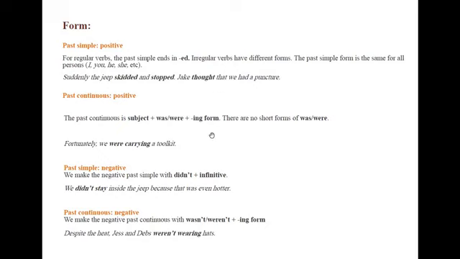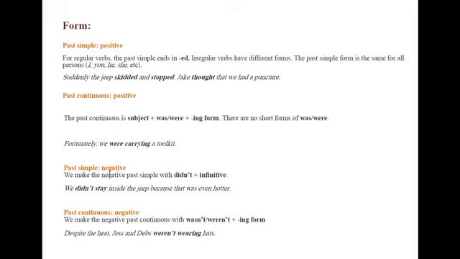The verb with ing stays the same in both, but the helping verb will be different: in the past continuous we have was, were, and in the present continuous we have is, are. Fortunately, we were carrying a toolkit.